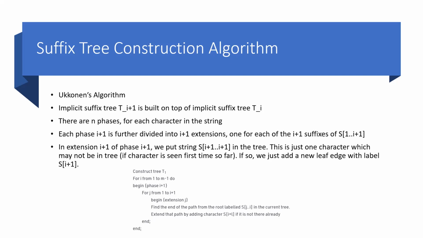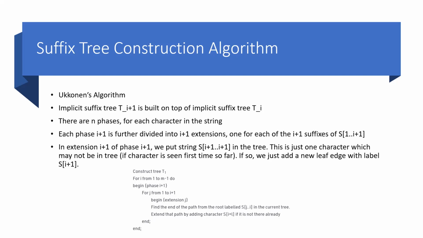So we first have to construct T sub 1, which is the first tree, which has just two nodes, the root and the first character. And then after that, there are n phases, one for each character in the string. So a string of n characters, there's going to be n phases.